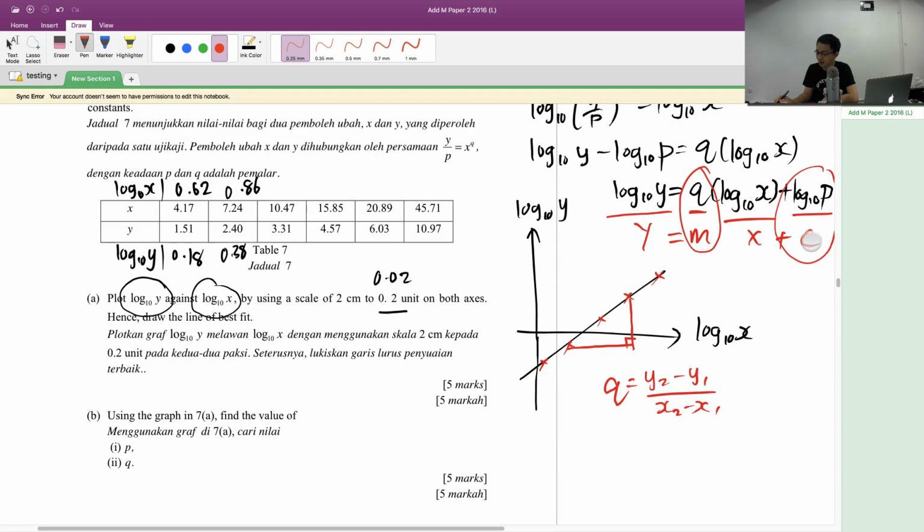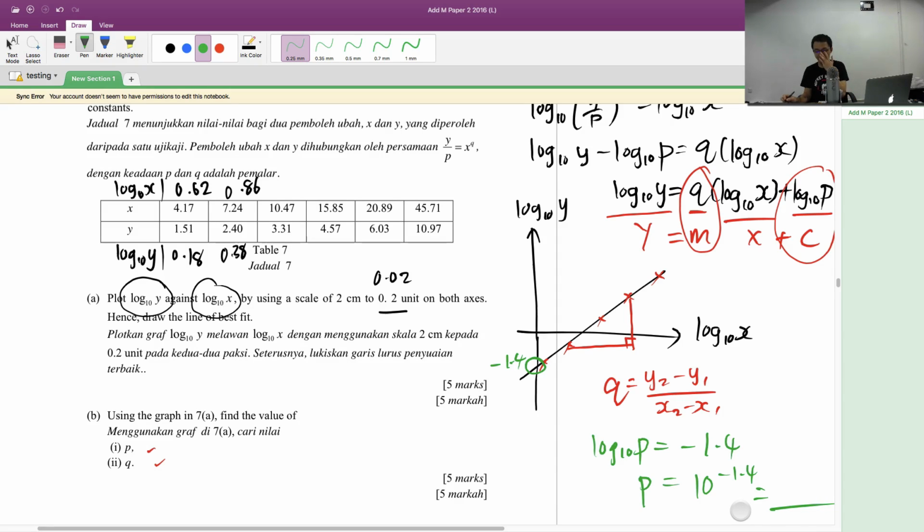And you want to get the c, I mean the p, because the question asks you to find p and q. p comes from your vertical intercept, so you have to get the value from here. Let's say you get negative 1.4 here. So I will say log 10 p equals negative 1.4, then p is just 10 to the power of negative 1.4. Then you use the calculator, and you should be able to get the correct answer.